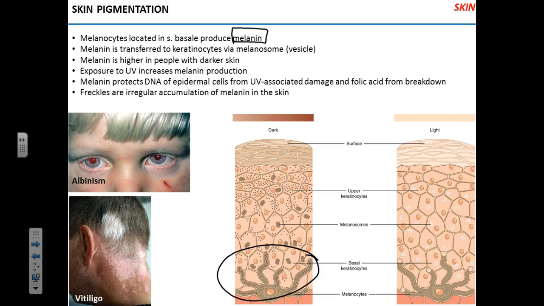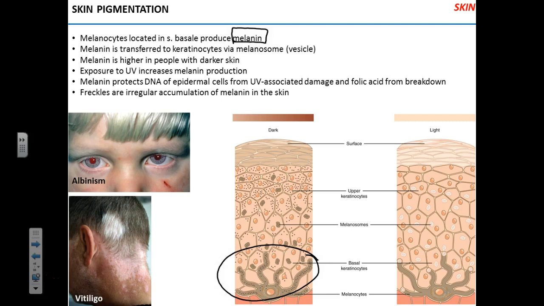It's the pigment that is found throughout the superficial structures in the human body. It is found in the skin, in the hair, and in your eyes, in the iris. So, the more melanin produced, the darker the skin is.